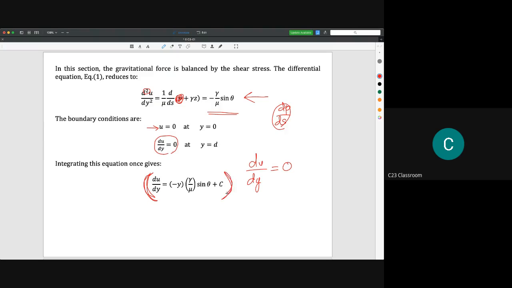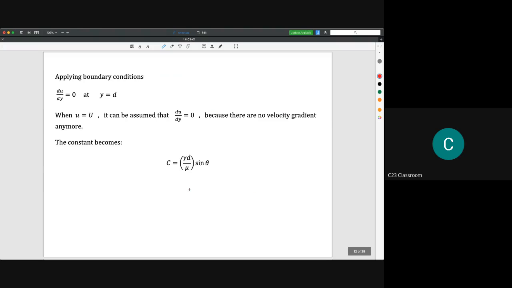So here we use the second boundary condition. So now we have du/dy equal to 0, so we could replace it here. So we could get the value of C. The constant is gamma, which is rho g, gamma D over mu sine theta.